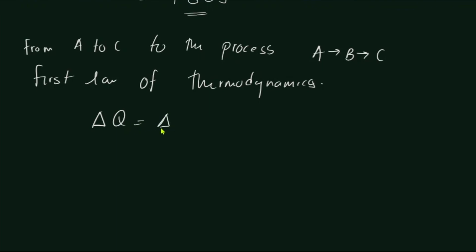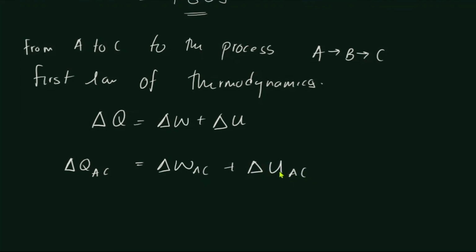Delta Q is equal to delta W plus delta U, right? So that is delta Q AC, delta W AC, delta U A to C.